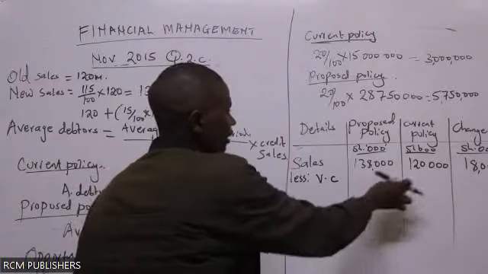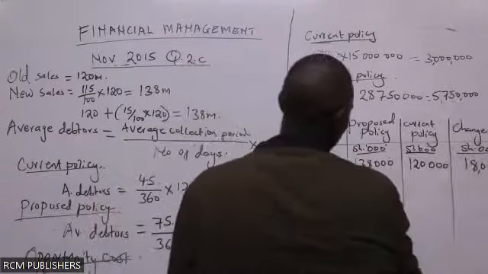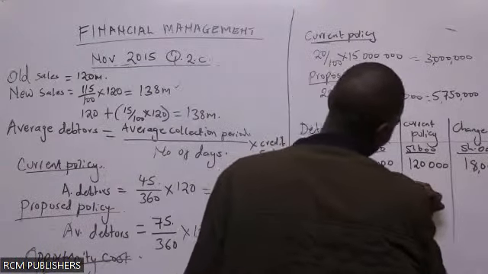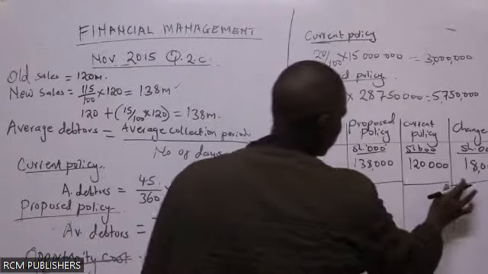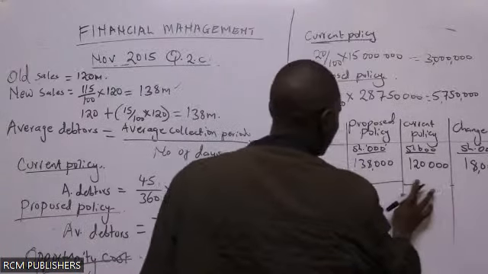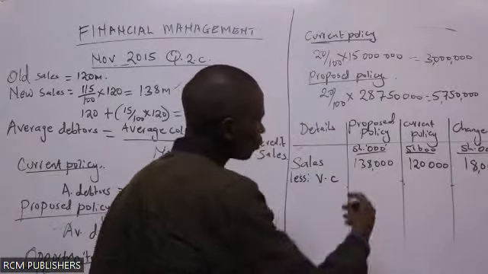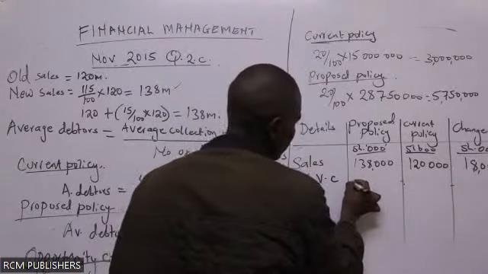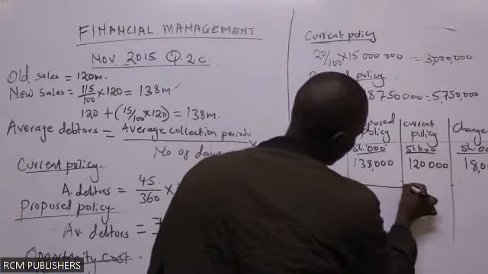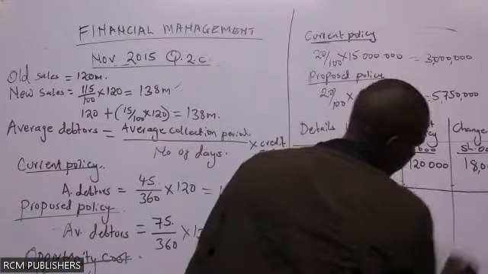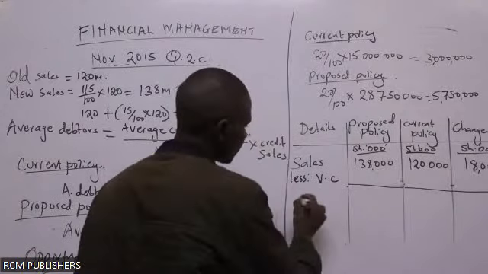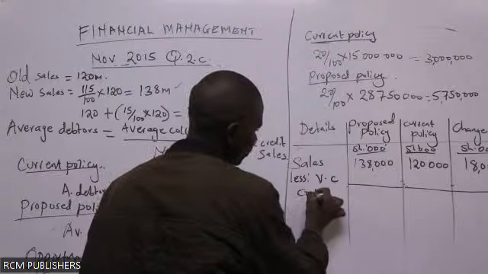Therefore, tunapatia and then for the difference tupate our contribution hapa. Ya kwanza, 80% of 138 itakuwa ngapi? Then this will be my contribution.